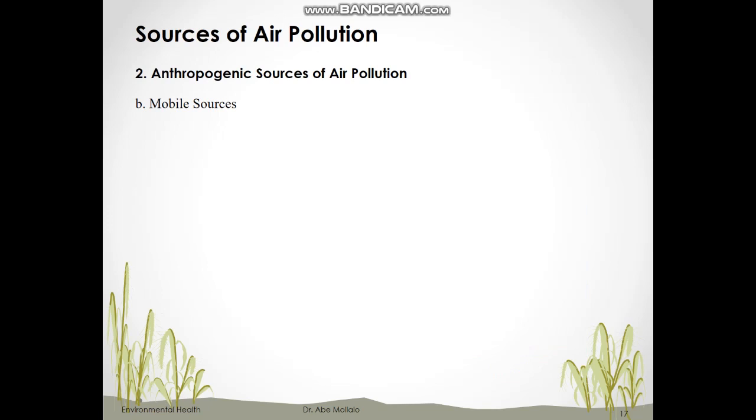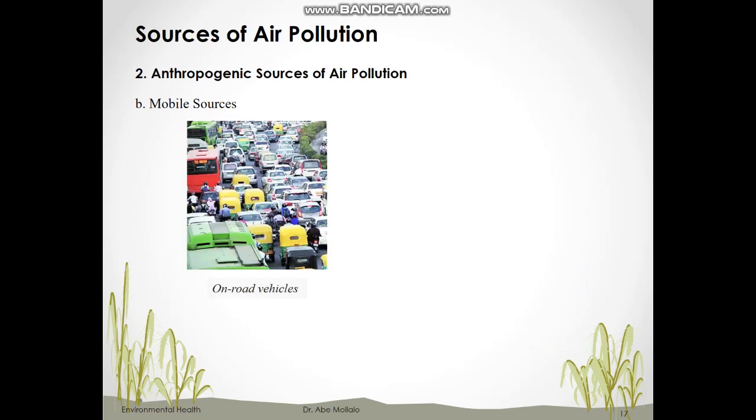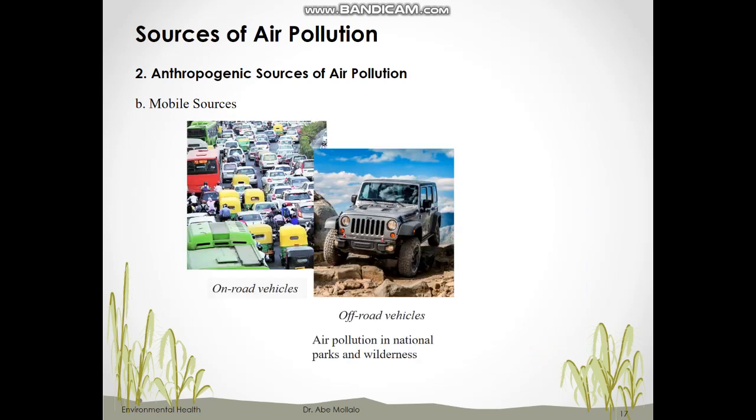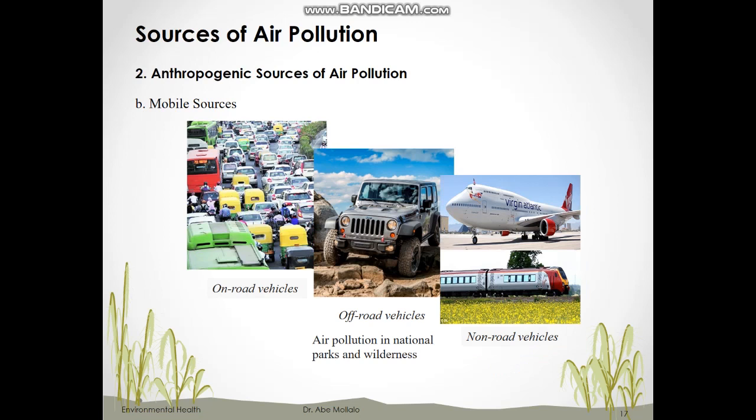Another anthropogenic source is mobile sources. They can be divided into on-road vehicles, off-road vehicles that can cause air pollution in national parks and wilderness areas, and non-road vehicles like airplanes and trains. So these are the sources of air pollution resulting from human activities.